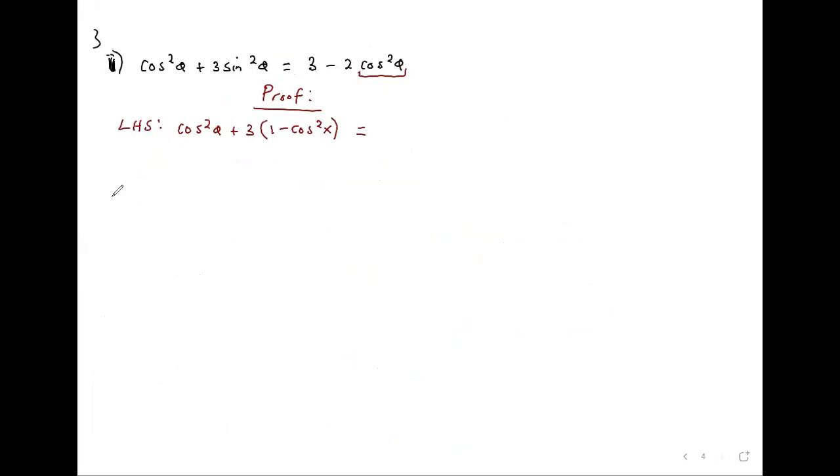But this is just cos squared theta plus 3 times 1, you get 3 minus 3 cos squared theta, and this is just 3 minus cos squared theta minus 3, which is like 1 minus 3, which is minus 2 cos squared theta. So if you look at what you have, 3 minus 2 cos squared theta is the right-hand side, meaning that we are done with the proof.